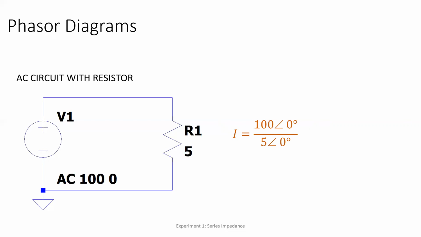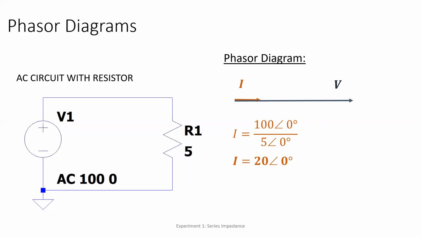So it's just 100 divided by 5, so 20, and 0 degrees minus 0 degrees is 0 degrees. So our phasor diagram will look like this. This is our current I, 20 in terms of magnitude, while our voltage V is 100 volts, also at 0 degrees.